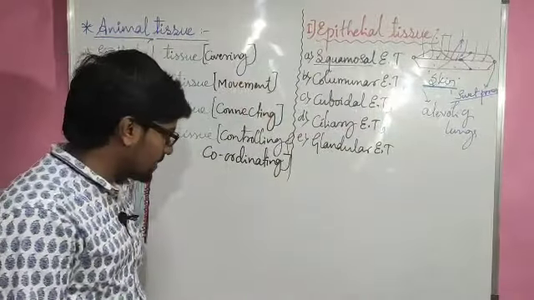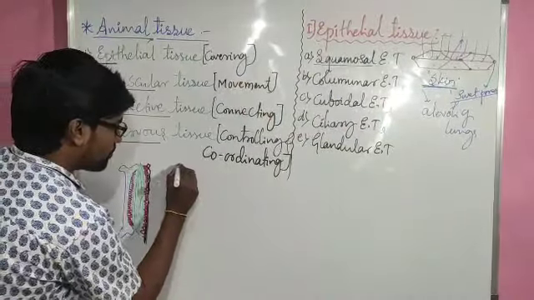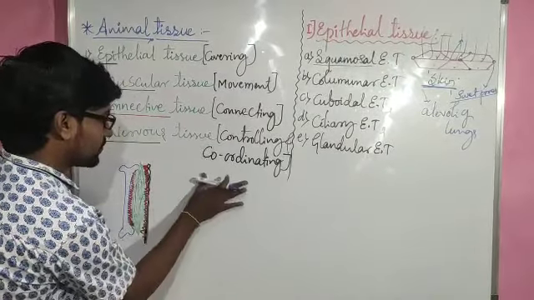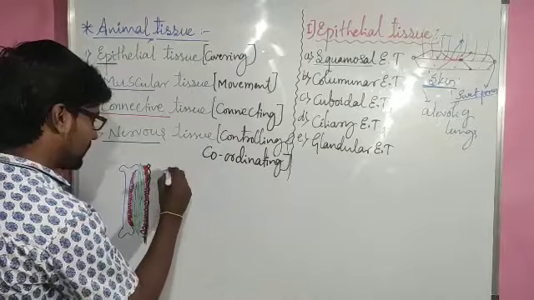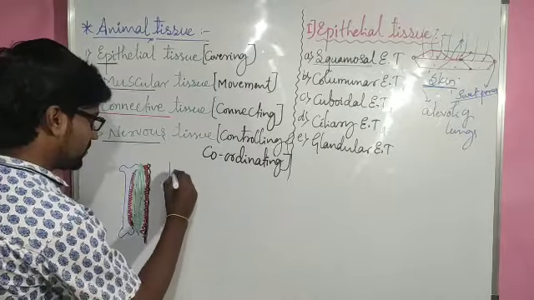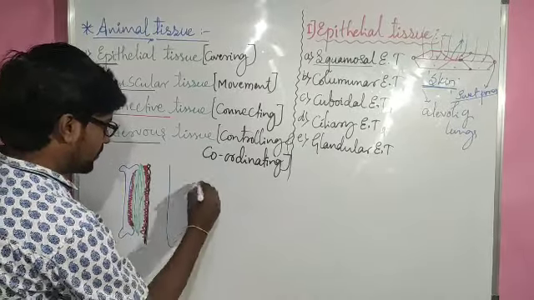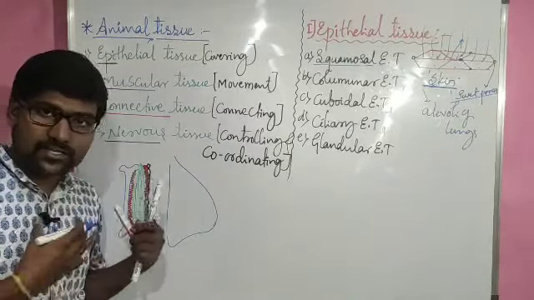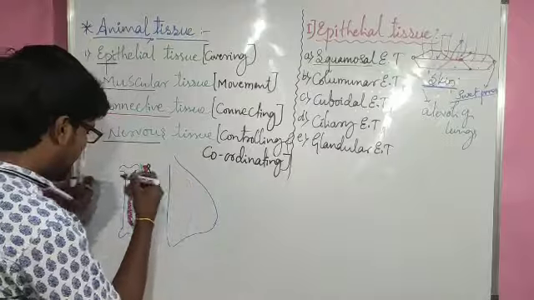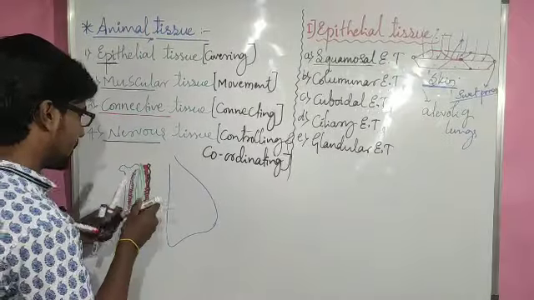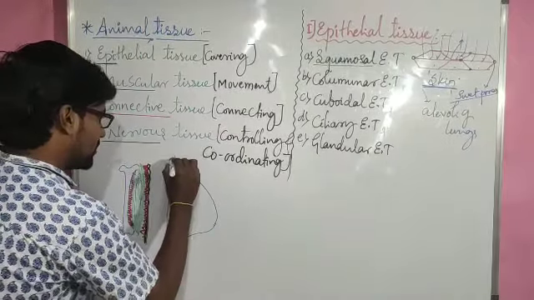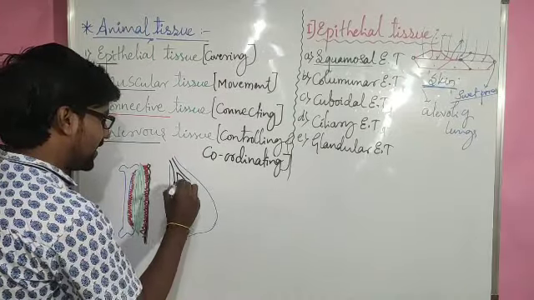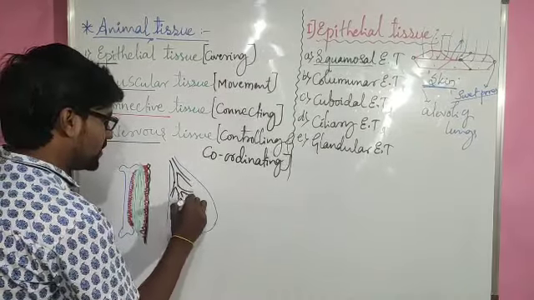Alveoli of lungs means, say for example, imagine if this is our lungs, we are having two lungs. In one lung, actually this is the trachea. The trachea gets divided into so many branches, right?